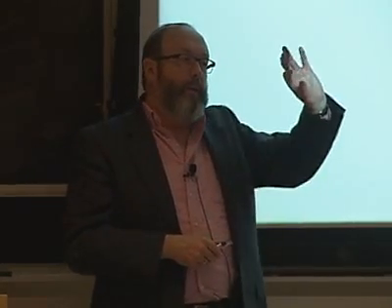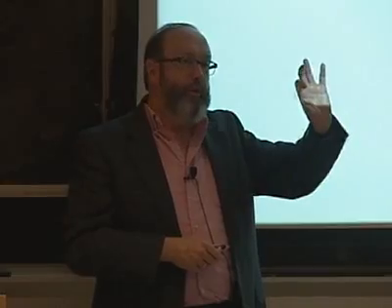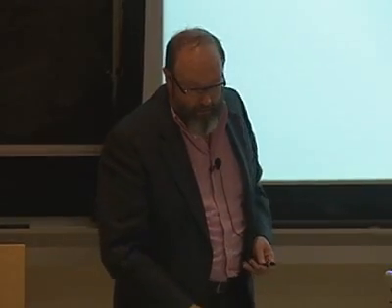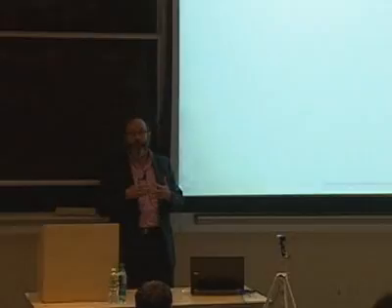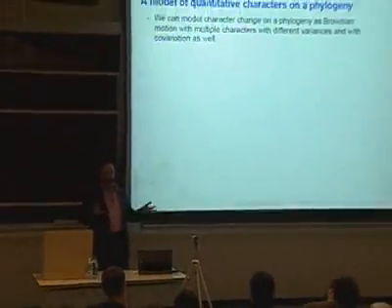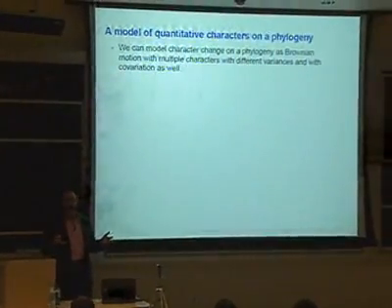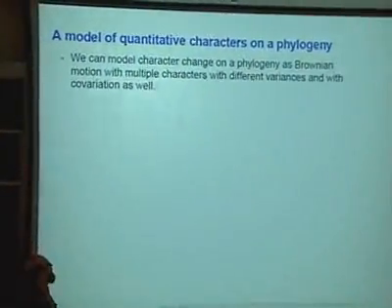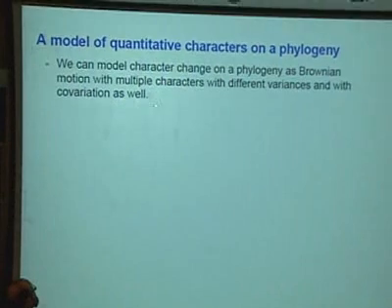And the third problem will be, can you make models for discrete morphological characters that are 0, 1, but that work together with the continuous morphological characters? So with that sort of framework, let me start out by saying that the central model that most people use for the evolution of morphological characters, say measurable characters, on a phylogeny is a Brownian motion model.